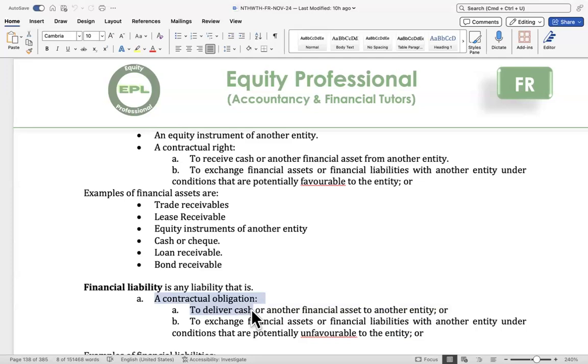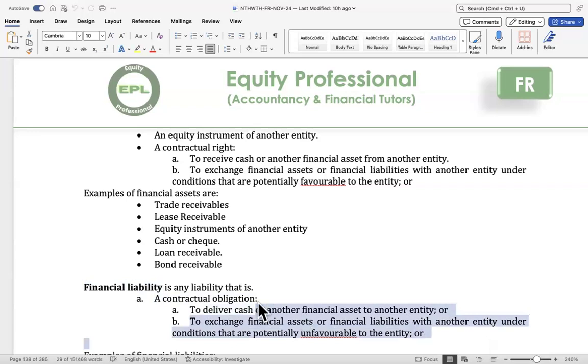I agree with you. If I want to summarize what you said, for a contract liability, what we are delivering is goods or services. But for us to have a financial liability, what we must deliver is cash. So know that one first, like I've been mentioning. This other part of the definition, I might talk about it, I might not. It depends.